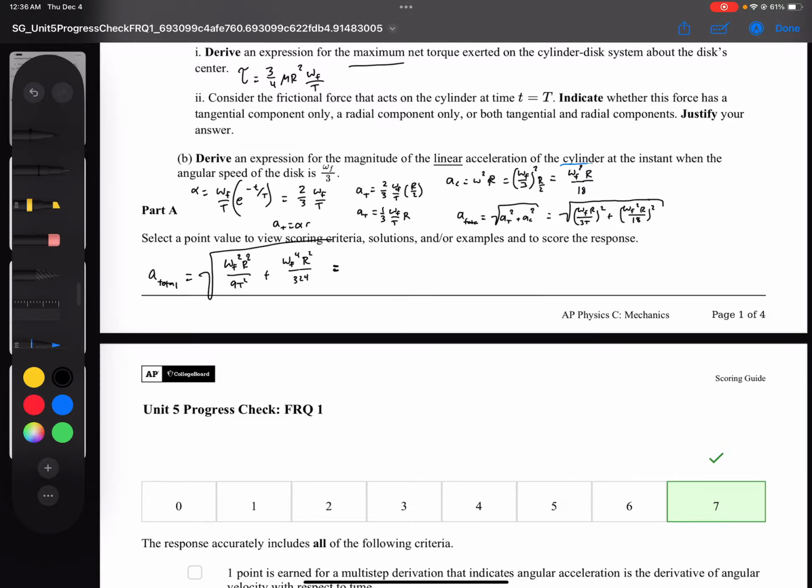So that's going to equal the square root of, I can factor out an omega f squared, an r squared, and a 9. So I have omega f squared r squared over 9 times 1 over t squared plus omega f squared over 324 divided by 9, which comes out to 36.